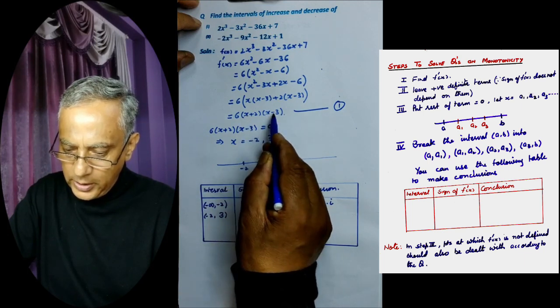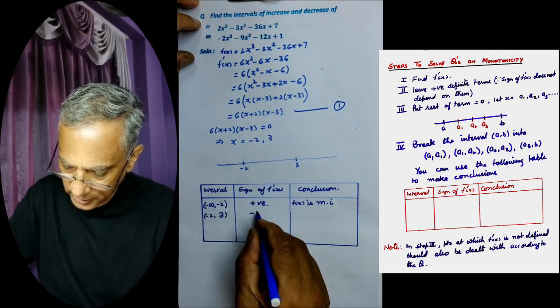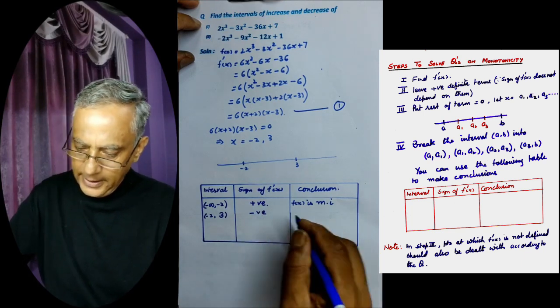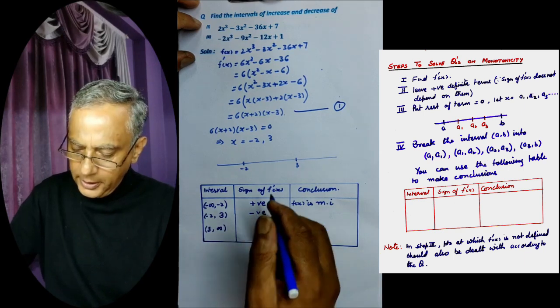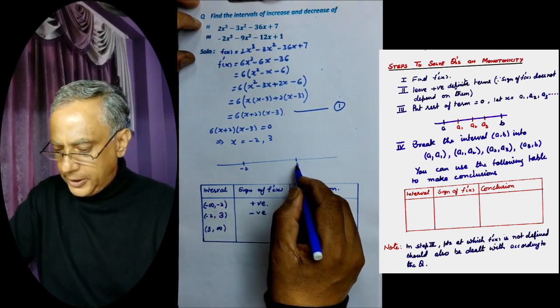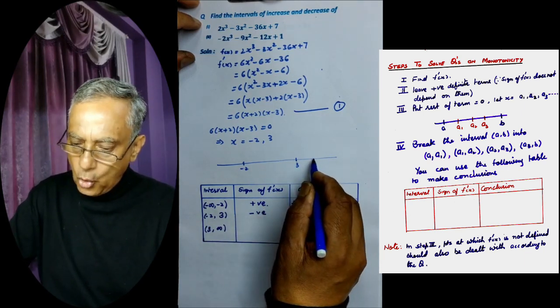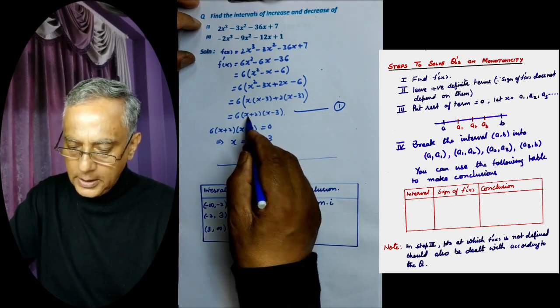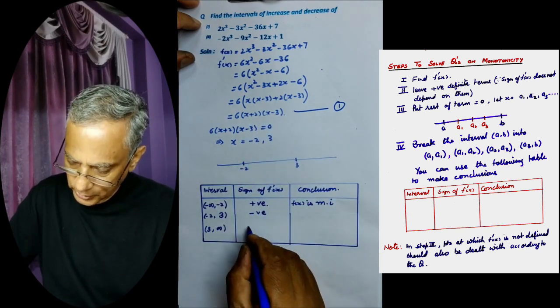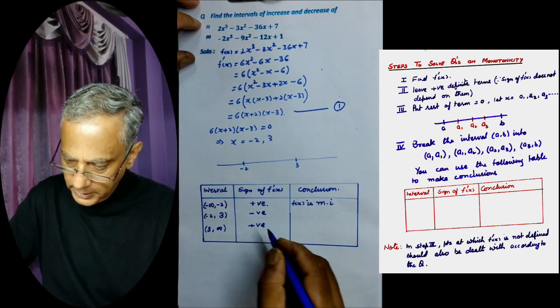That is positive into negative is negative. So this will be negative. And the third interval is 3 to infinity. Now in 3 to infinity, any point is 4. Put 4. 4 plus 2 is 6. 4 minus 3 is 1. So this is positive.